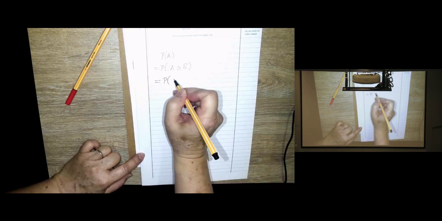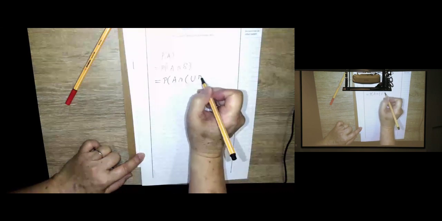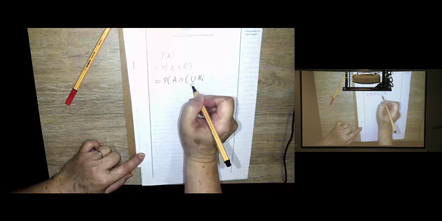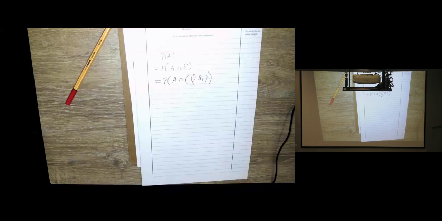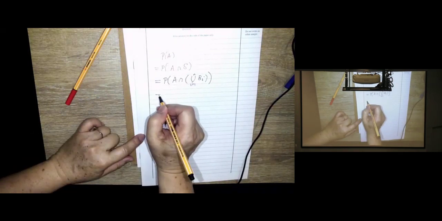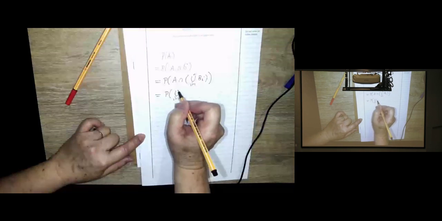So here we make use of the fact that the B's are mutually exclusive and exhaustive, because the union gives us back the S. And we use the distributive law to consider this.